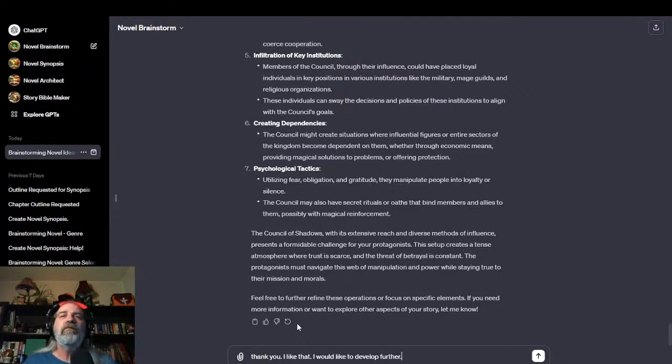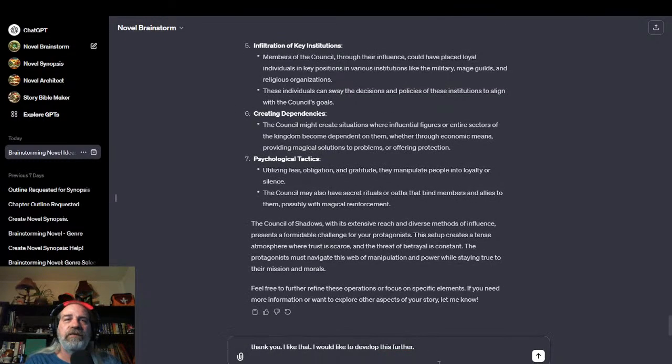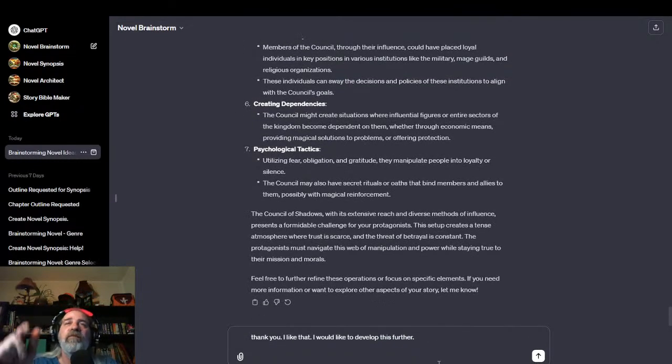Alright, so thank you. I'd like to develop this further. And so what happened was I hit enter instead of shift enter. It's the way you move down without making it go. Just hit shift enter. And then let me get the night over here.